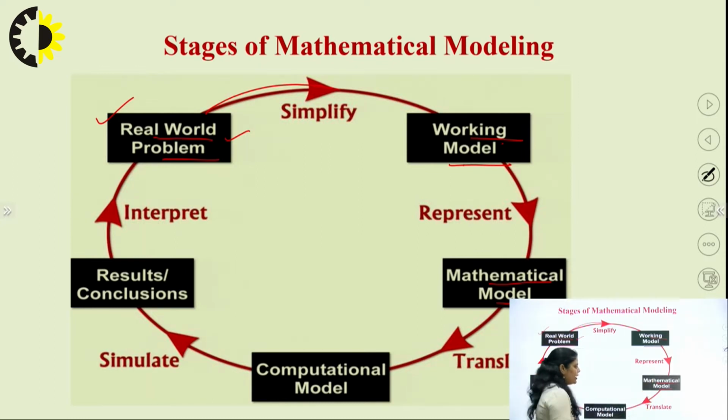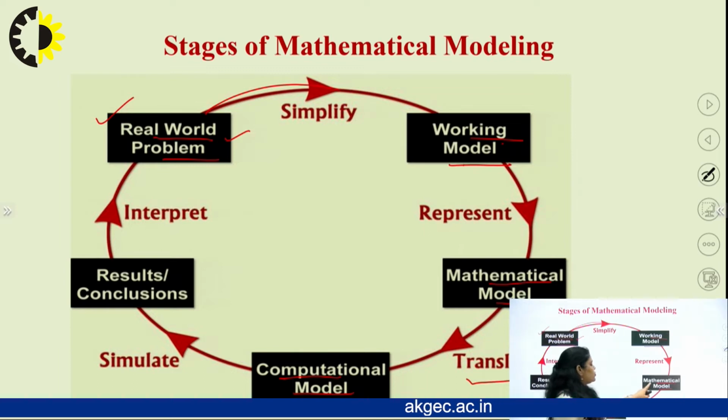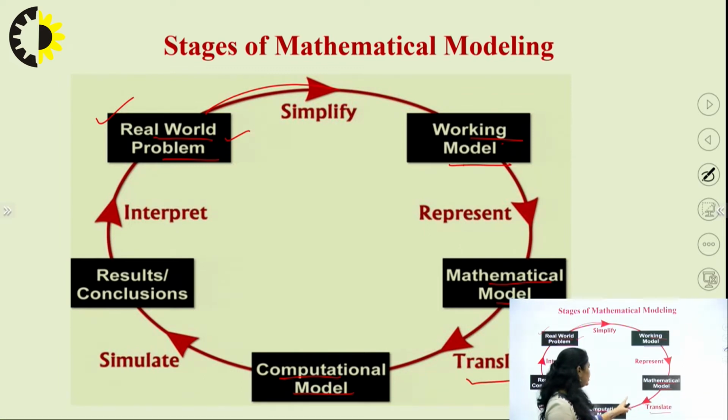Then the next step is the translate and computational model. In the computational model, we use different techniques and methods to solve those equations, which show the relationship between different parameters of the mathematical model. So here we do the calculation part.